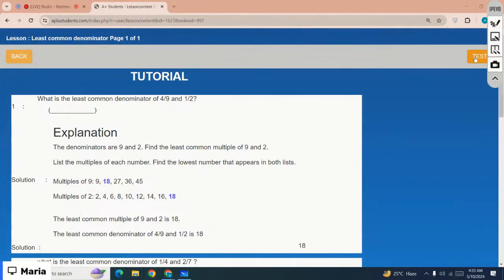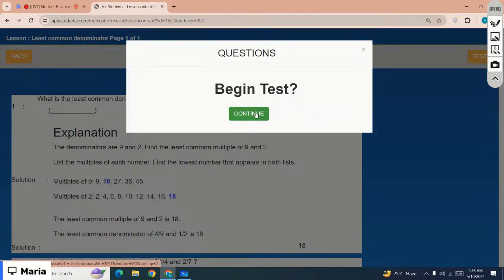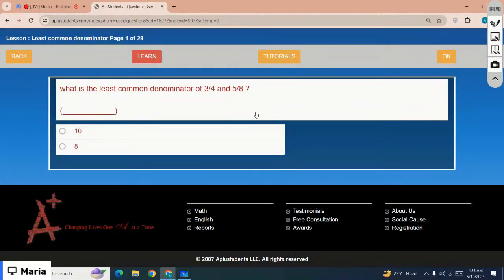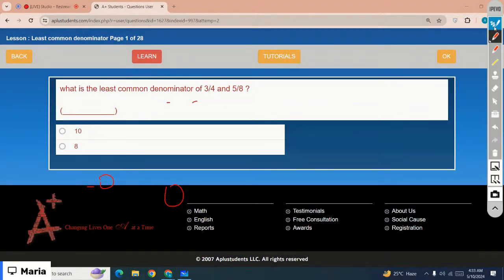Let's just start with the test questions. Okay, what is the least common denominator of 3 by 4 and 5 by 8? So the denominators are 4 and 8. Let's write down the multiples of 4 and 8.